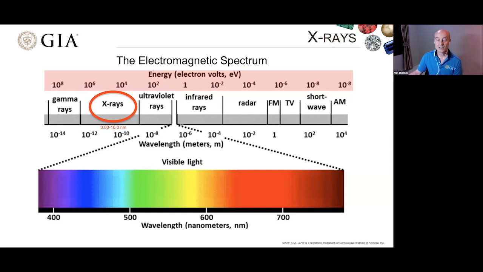However, in gemology, we use everything from infrared down to the gamma rays to help in the ID of gems or to treat them. An important point to keep in mind is that as we go from radio waves to gamma rays, the wavelengths decrease and the energy increases.